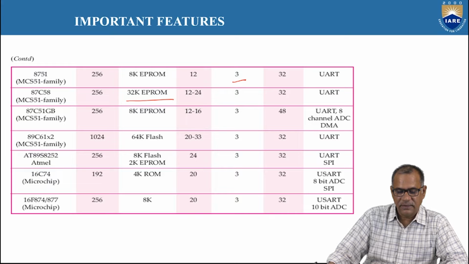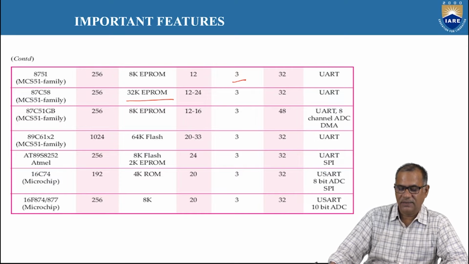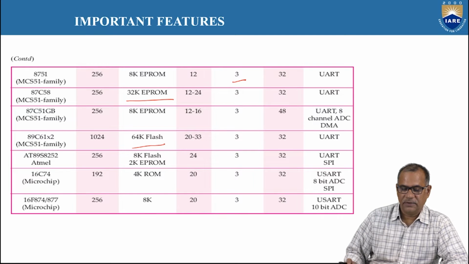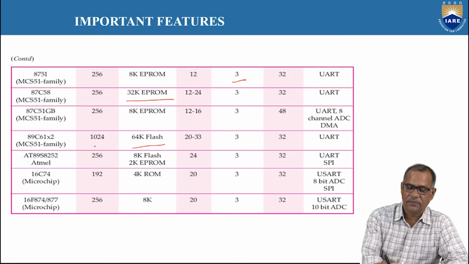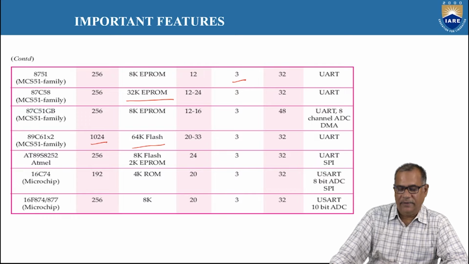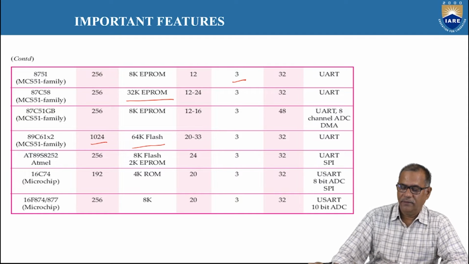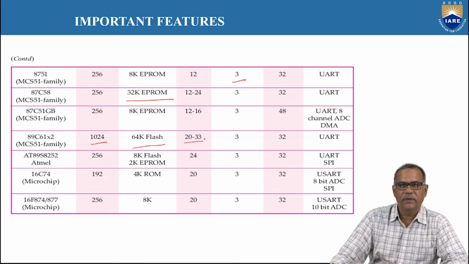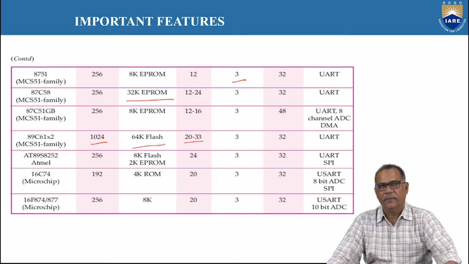The 89C612 has 64 kilobytes of flash, and it has on-chip RAM of 1K. It works with a faster clock frequency, that is 33 megahertz.